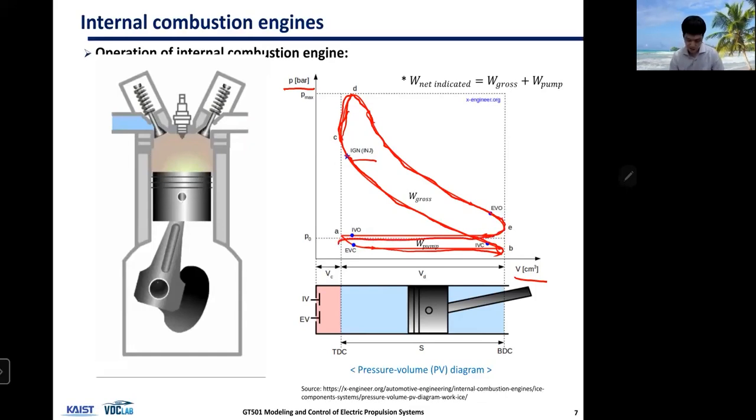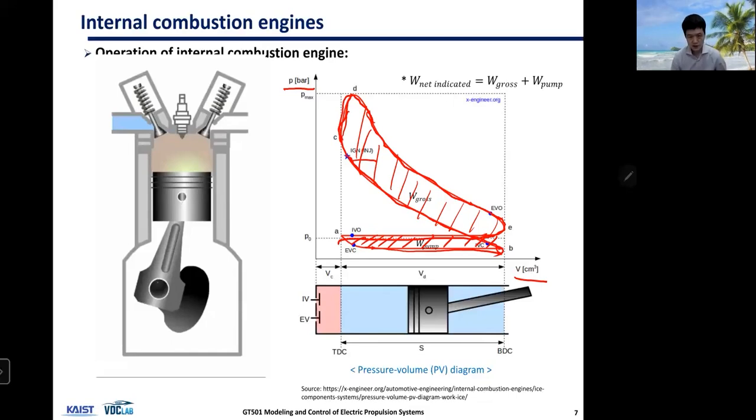Usually the amount of work you get is this, but you have this pumping loss. When you are pushing the exhaust gas out, you also require some work, meaning that you need to push that high pressure gas out.